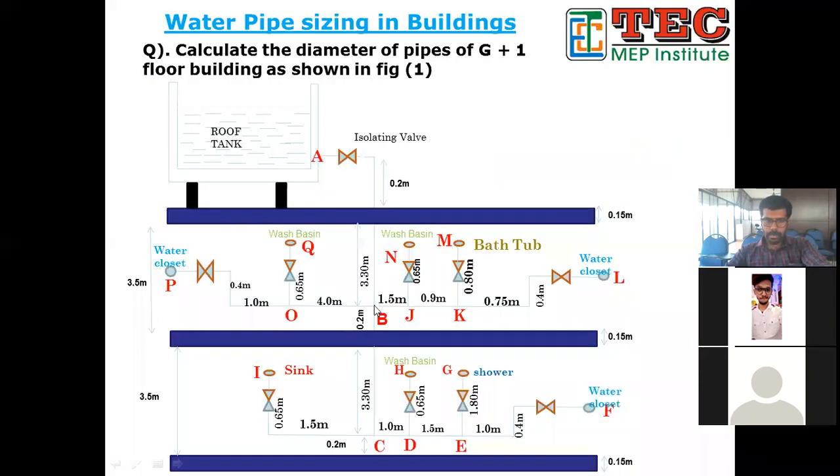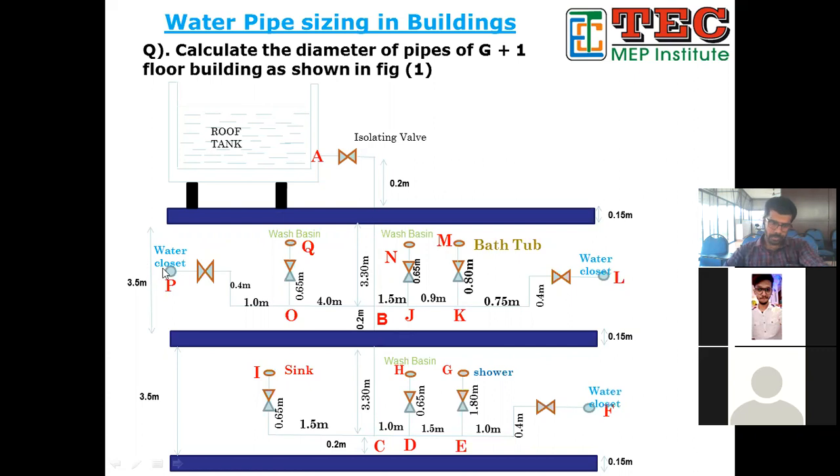This is AB and this is BC. We already got the available head in AB. That head will be there in BC also.